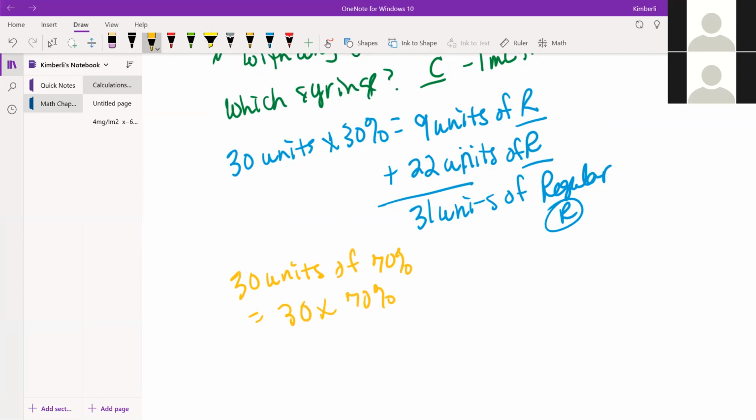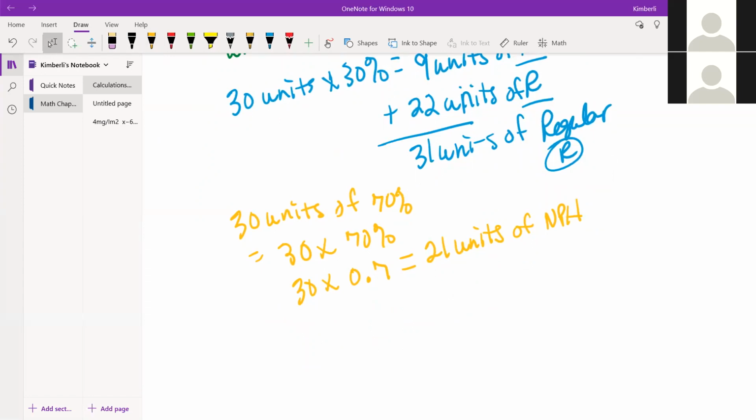So if you want, you can change that 70% to a decimal. Remember, 70% is 0.7, so 30 times 0.7 gives you 21 units of R. Does that look correct?